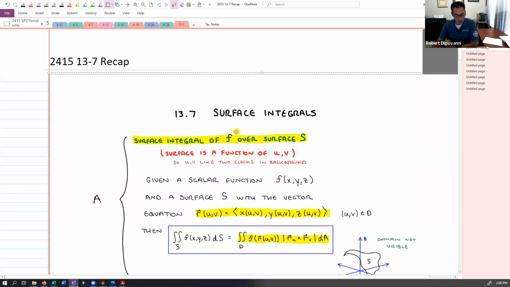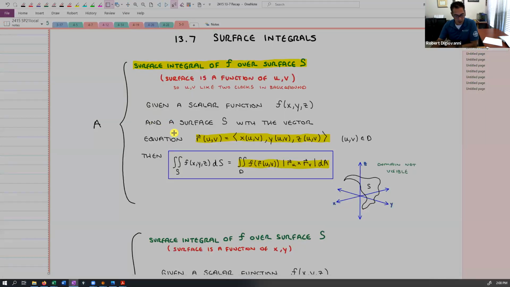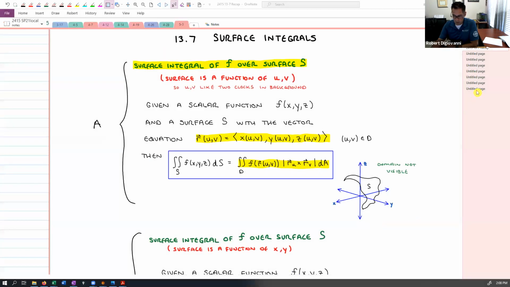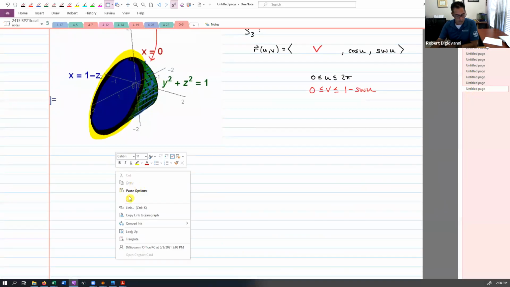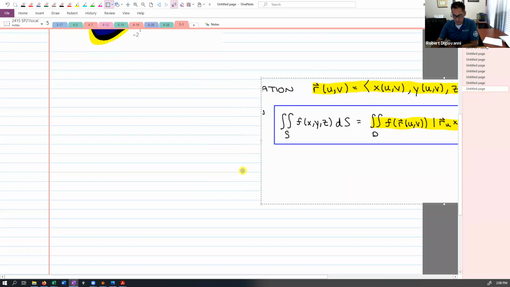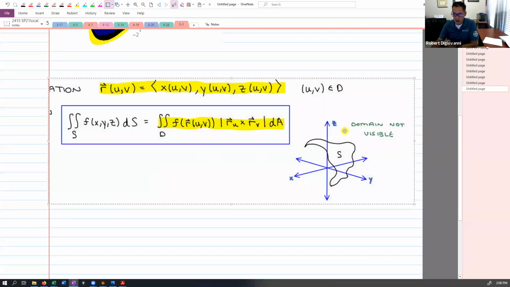Okay, we are using the first one here, so let me go back and grab it so we can take a look at it. Notice on this note, I have a little thing here on the bottom. It says domain not visible.